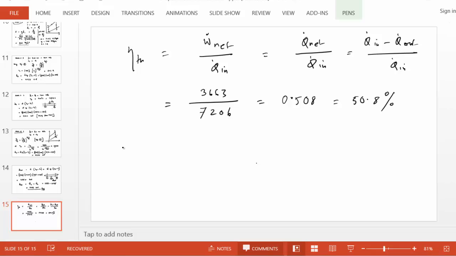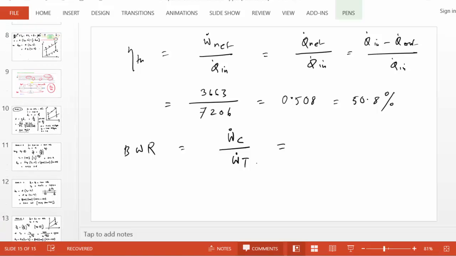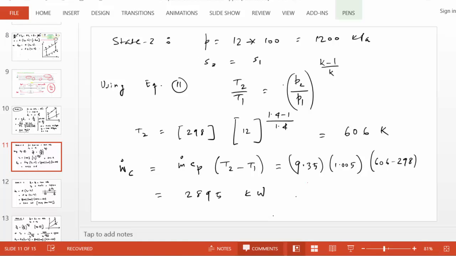And what is back work ratio? Back work ratio is the amount of work that is consumed back. The turbine produces so much more than the compressor. So it tells you how much of the work produced by the turbine is eaten up by the compressor. This is compressor work 2895.